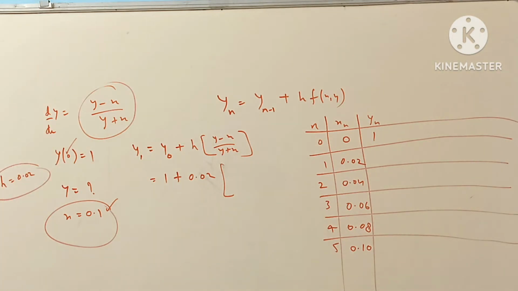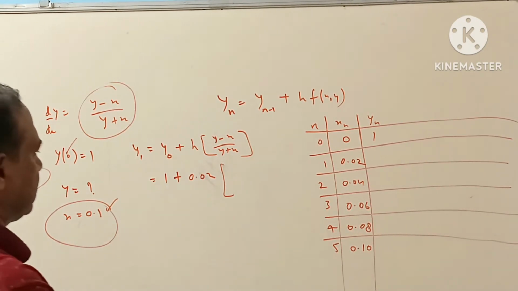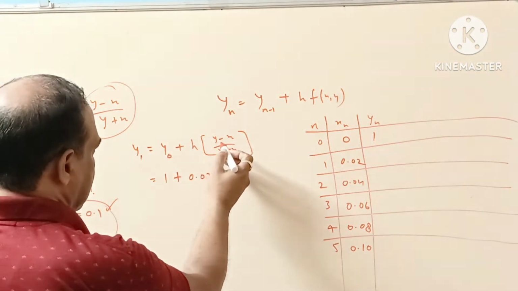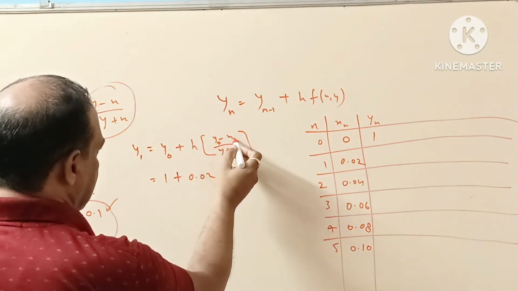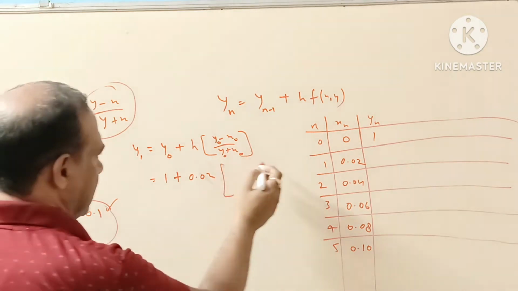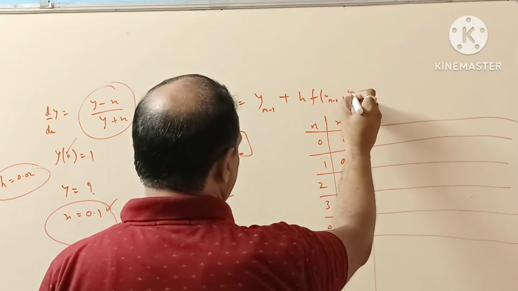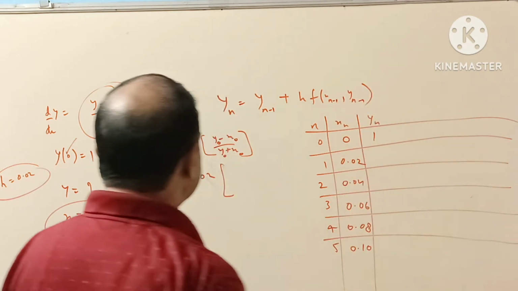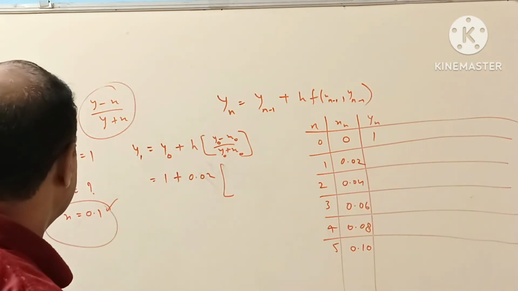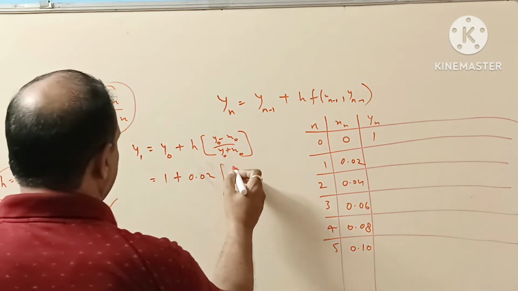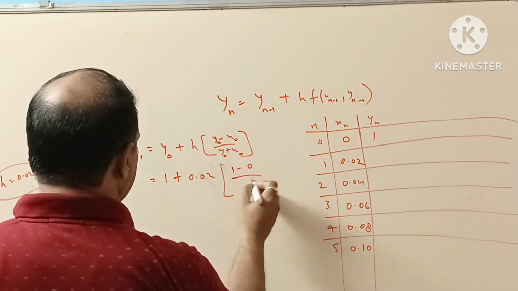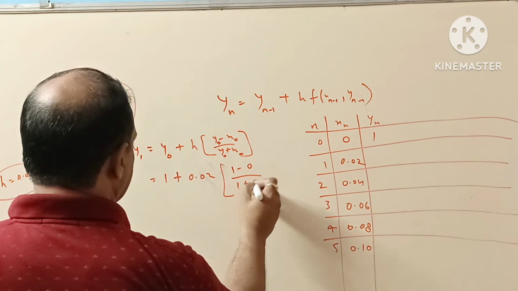Now here the value of y and x will be the same as this number, and here again we can write it as x(n-1), y(n-1). Now here y0 is 1 and x0 is 0.